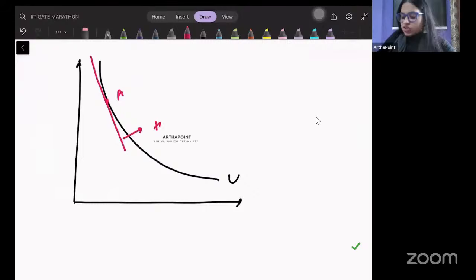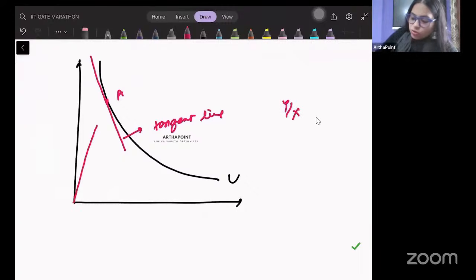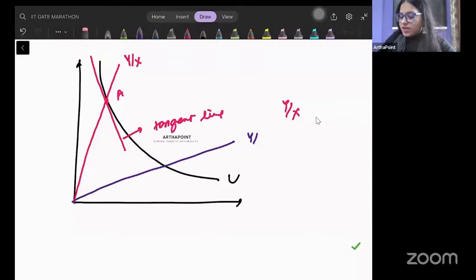The slope will be this tangent line. And I can also find the y by x ratio. How will this be found? By passing a ray through the origin. This depicts a particular ratio. Again, I can pass another ray through the origin. This depicts a different y by x ratio, and I can find MRS.